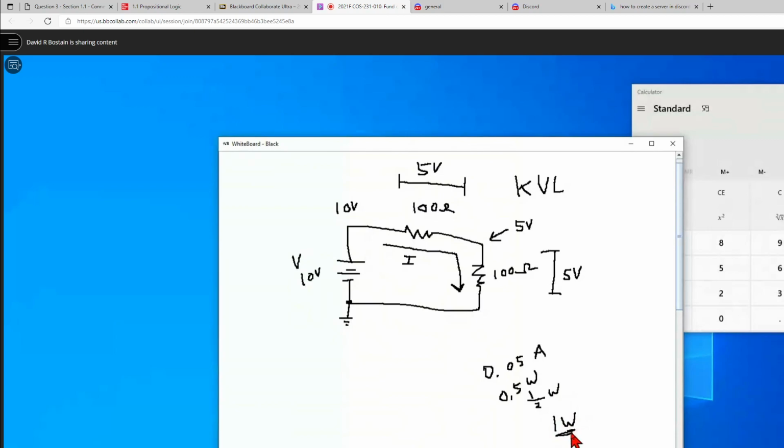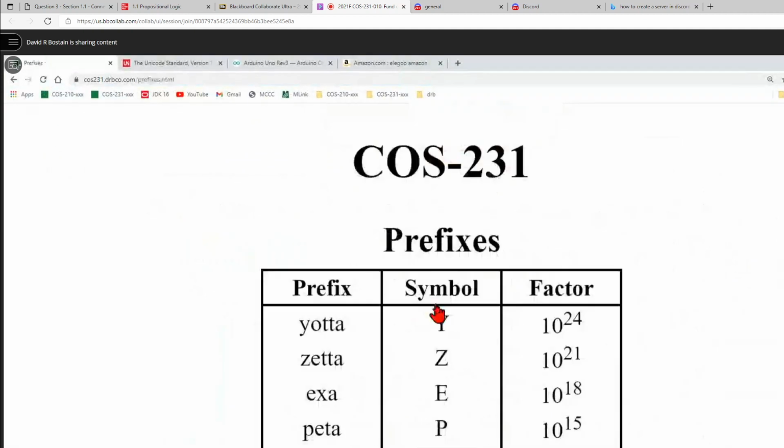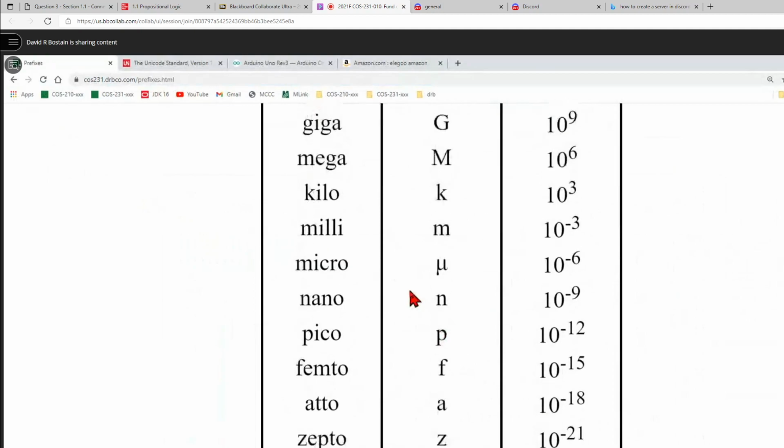Now, the other thing is that if we presented this answer, we're going to use a different way of doing things in here. Basically, we're going to use what are called prefixes. The prefix says, and we have that on our web page, that we're going to use terms like this.